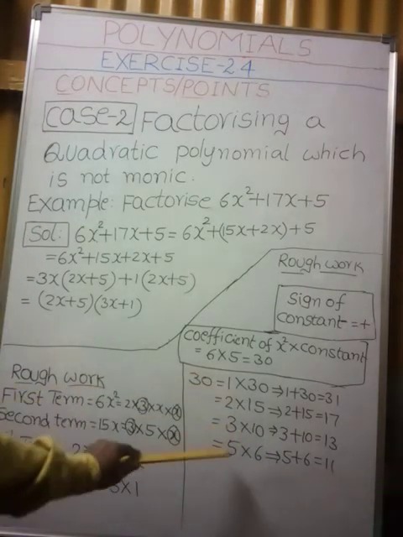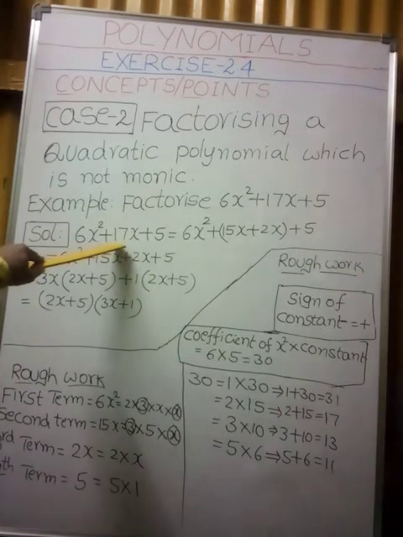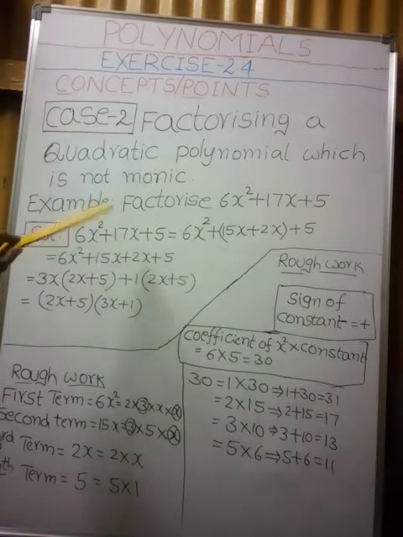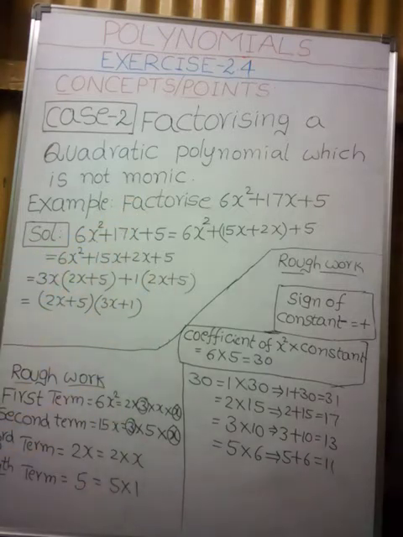Out of these 4 cases, which case is suitable for us to split the middle term? Let us check here. Come to the middle term. What is the middle term here? 17. Ignore positive or negative. 17. Okay, my dear children.